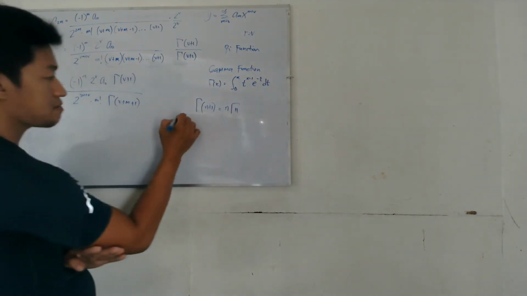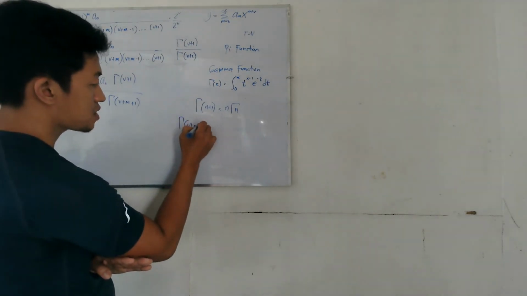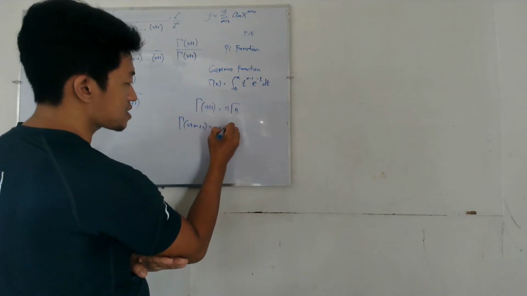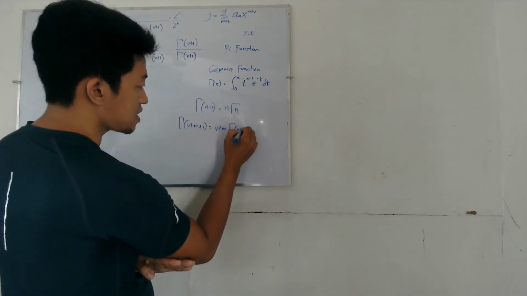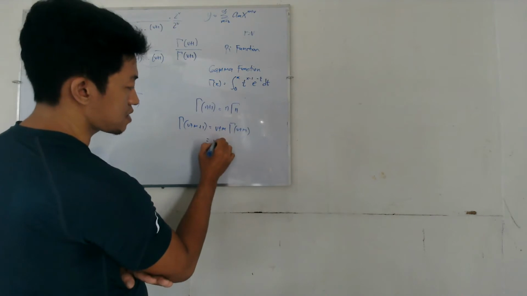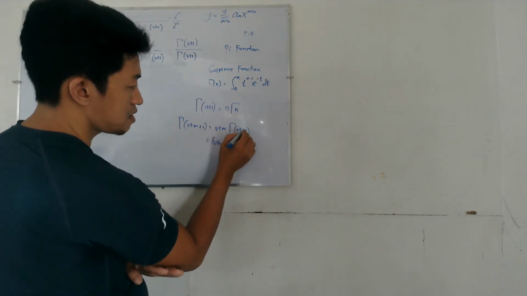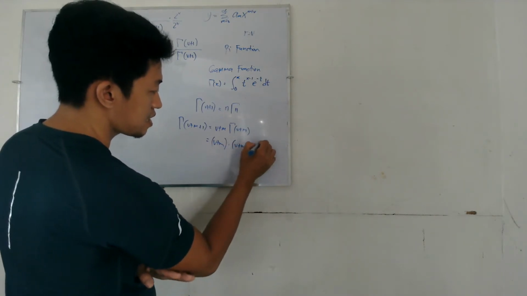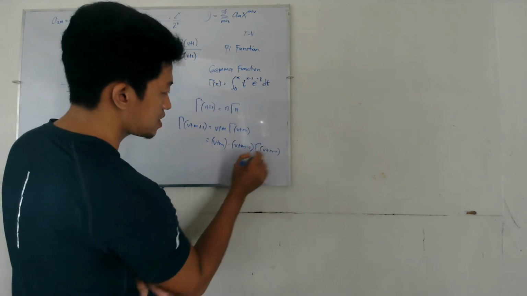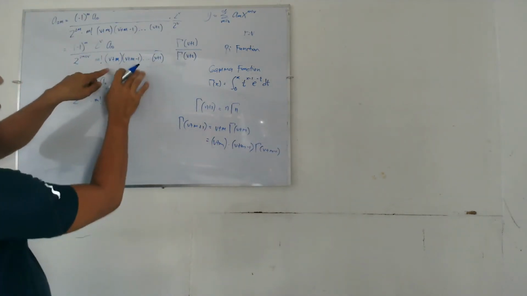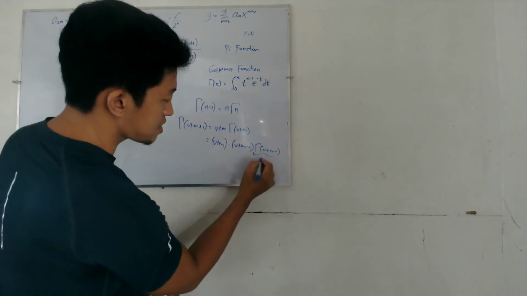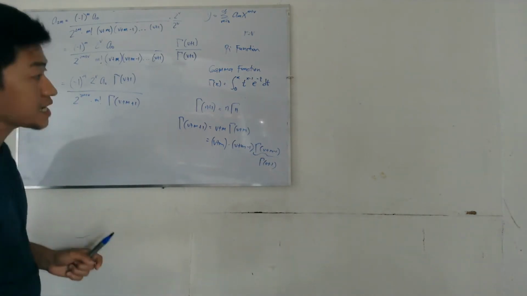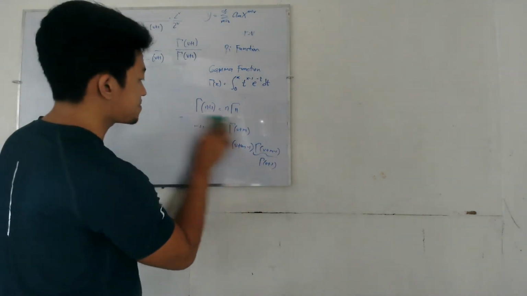Again, gamma of b plus m plus 1 is b plus m times gamma of b plus m. And gamma of b plus m is b plus m minus 1 times gamma of b plus m minus 1. So you see that it stops at gamma of b plus 1.